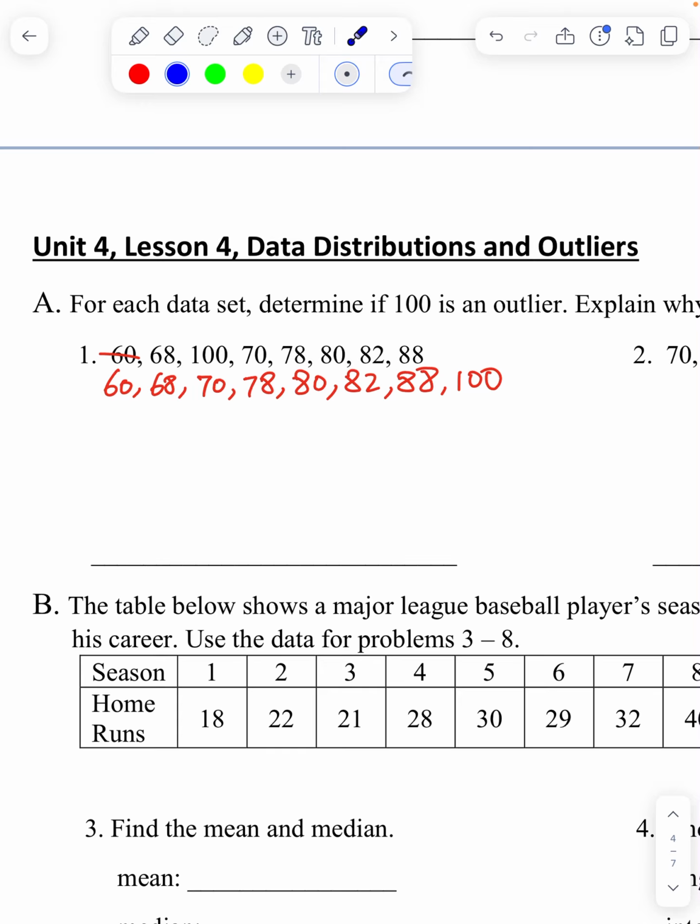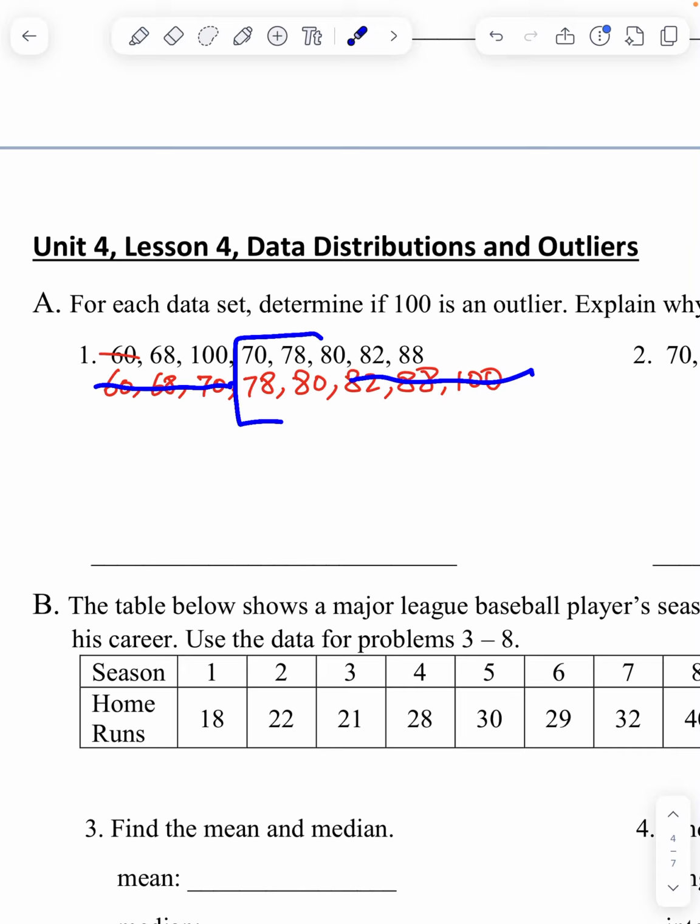Okay, we need to find out the Q1, Q3. Then find out the IQR. Okay. 8 numbers. I need to find out the Q2 first, which is the median. 1, 2, 3, cross out. 1, 2, 3, cross out.